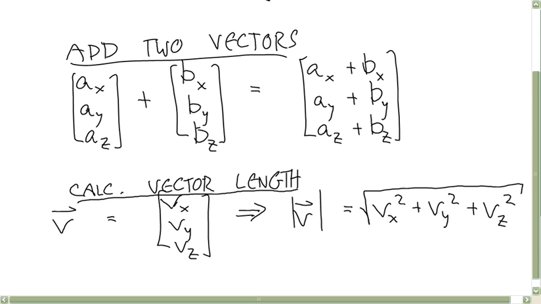Okay, another very important thing is calculating unit vectors. If you think of a vector as a direction and a magnitude, that's the information conveyed by a vector. You can think of a unit vector as just a pure direction.